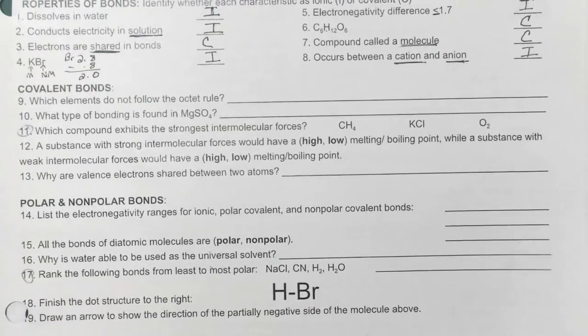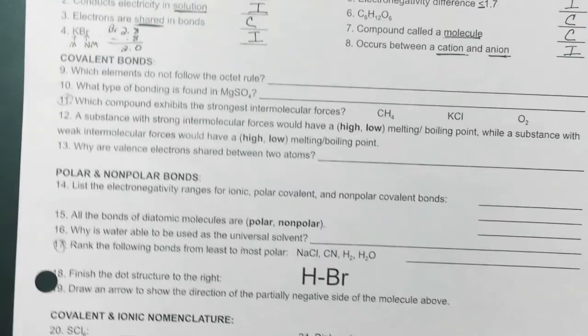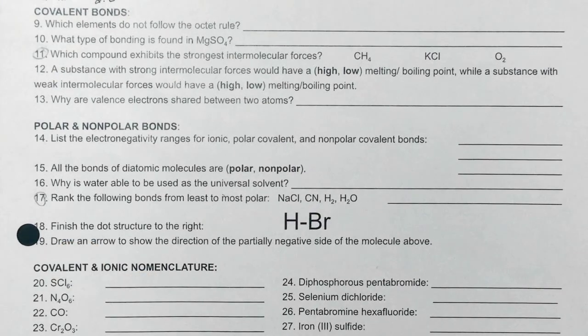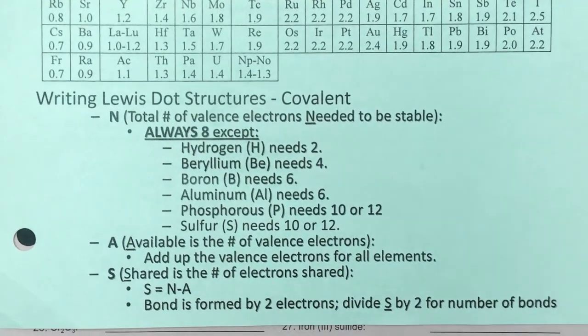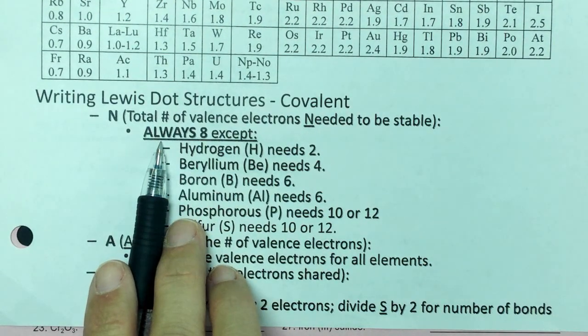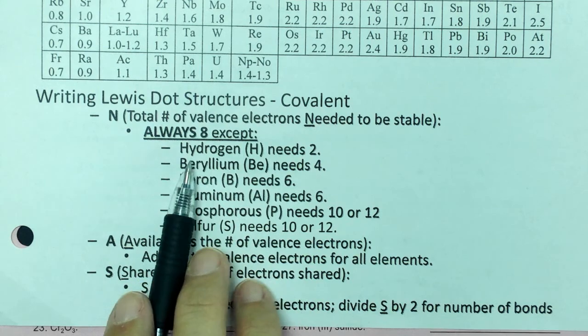Number 9, which elements do not follow the octet rule? So if you go to your Vespers sheet, down at the bottom, there's a list of the elements that are an exception. It says always 8 except.